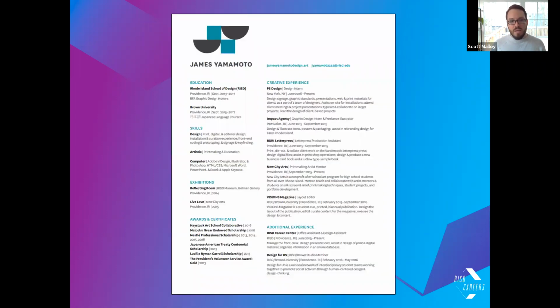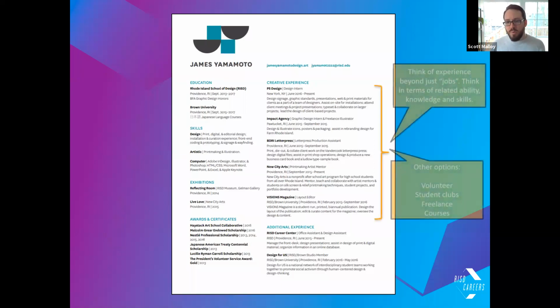A lot of times people think of experience and think, okay, this section has to be things that I've been paid to do, or it has to be internships, and that's it. Like that's the only thing that's allowed to go into the section. Instead, what I really encourage is for you to think broadly beyond just internships or paid part-time jobs, and really think about experience in a broader way.